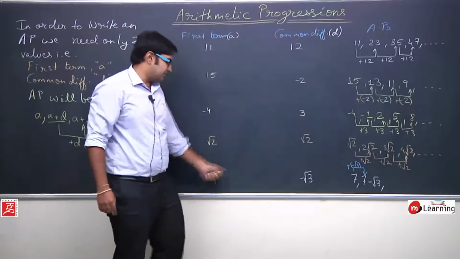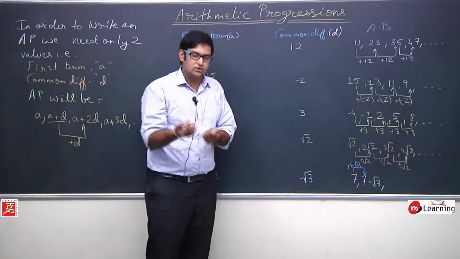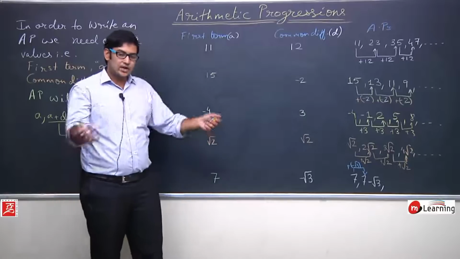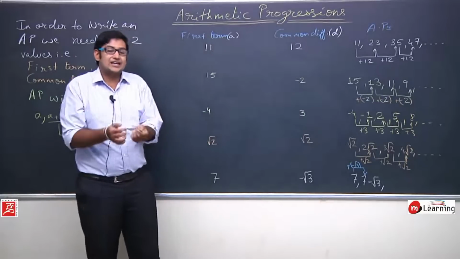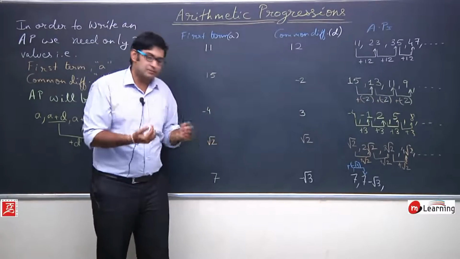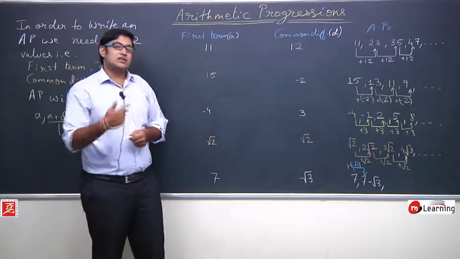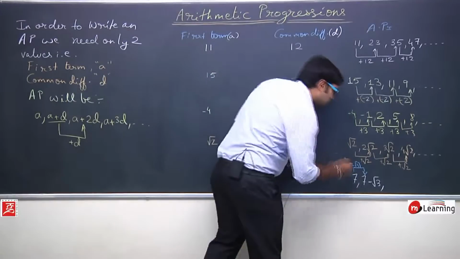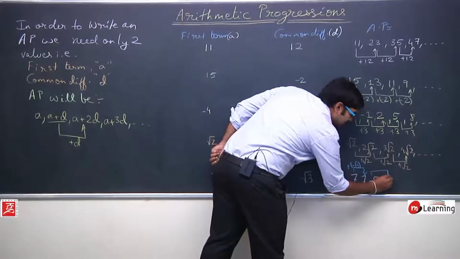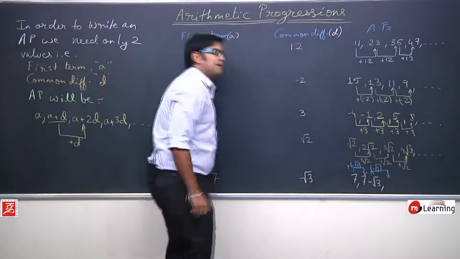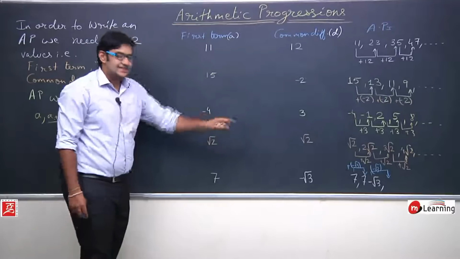You cannot write 7 minus root 3 as 4. Okay, you know this, because this is an irrational number, this is a rational number. You cannot add or subtract directly rational and irrational numbers. Okay, so this is the second term, 7 minus root 3. Then what about third term? Again you will do the same procedure. You will add minus root 3 to this second term.